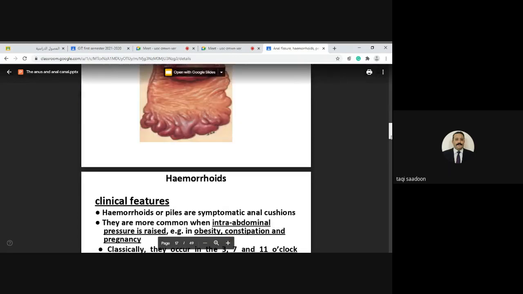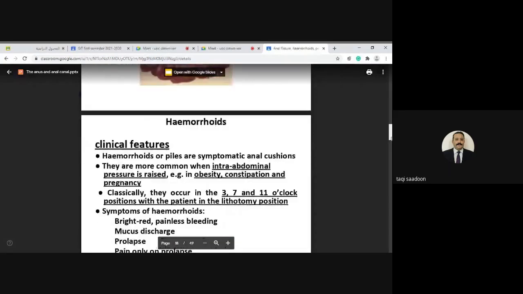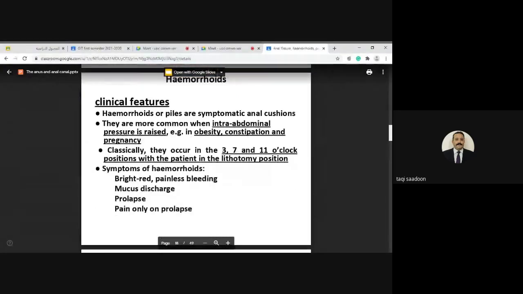So the clinical features of hemorrhoids or piles are symptomatic anal cushions. They are more common when the intra-abdominal pressure is raised, like in obesity, constipation, and pregnancy. They occur usually at 3, 7, and 11 o'clock when the patient is in the lithotomy position.